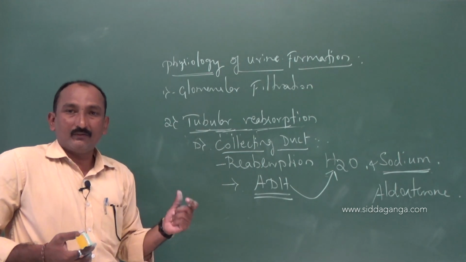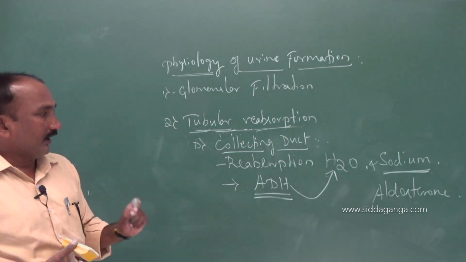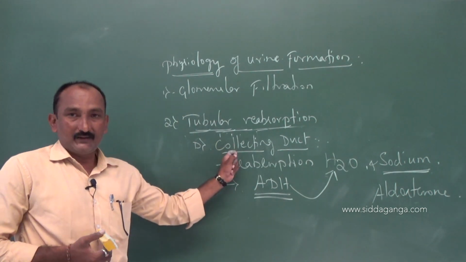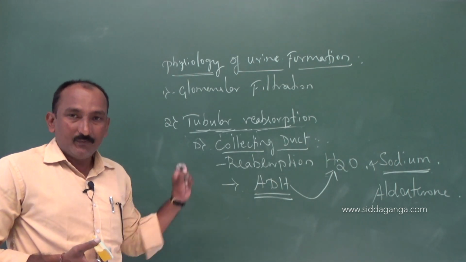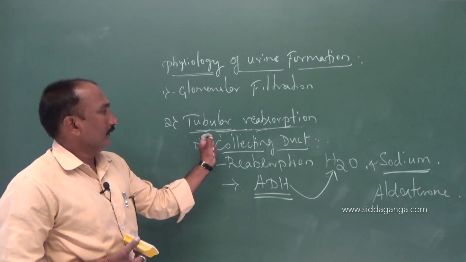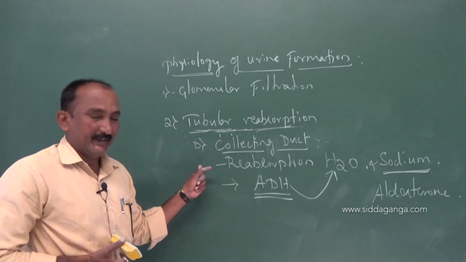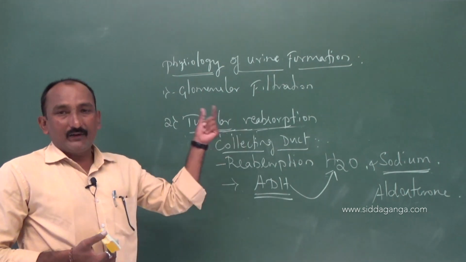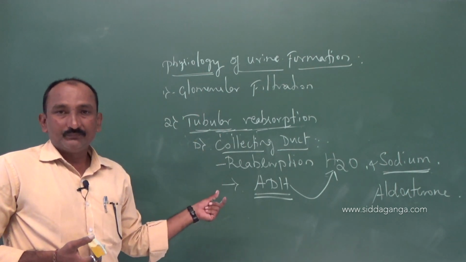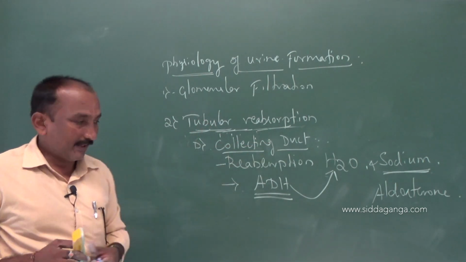Question may arise: what are the parts involved in the reabsorption of essential molecules? Name the four distinct parts involved in tubular reabsorption: the proximal convoluted tubule, the loop of Henle, the distal convoluted tubule, and the collecting duct.